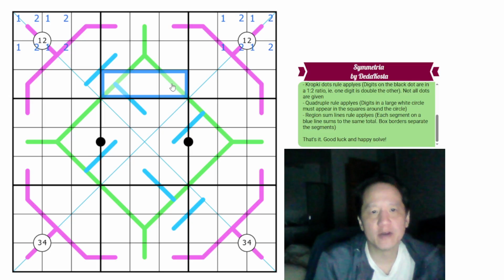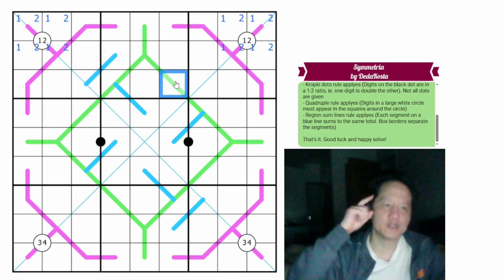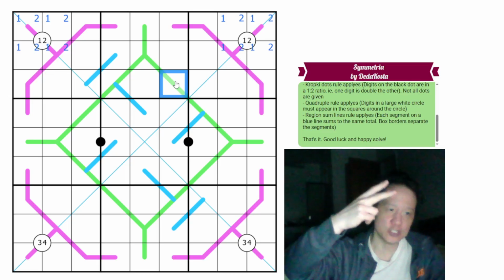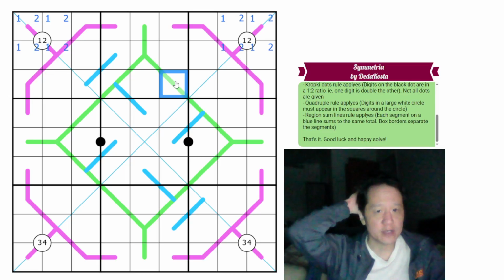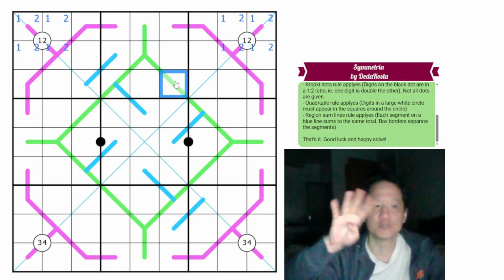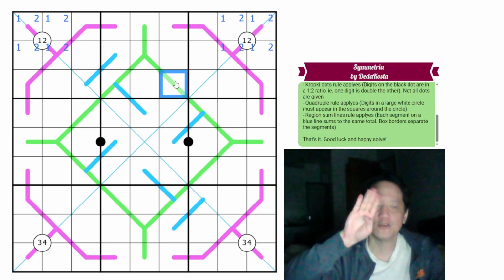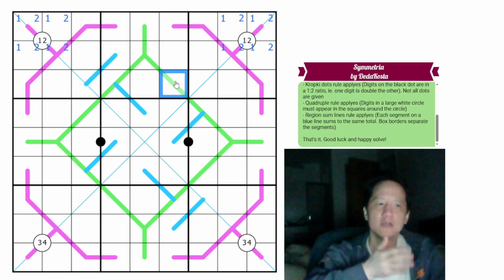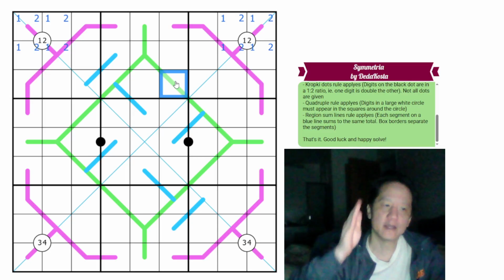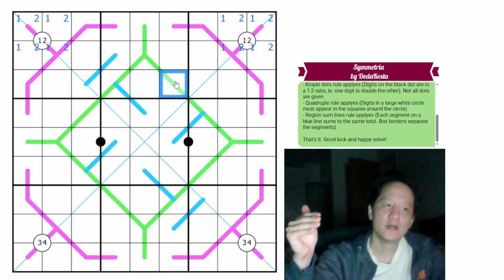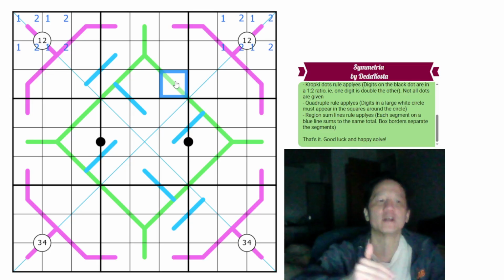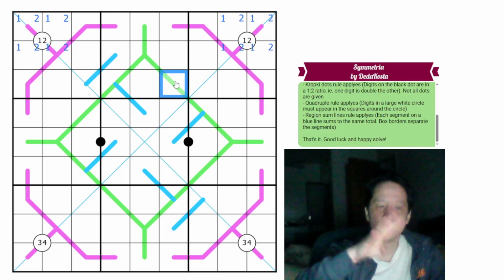Well, the good thing about knowing about German whisper lines is you know that they'll alternate between low digits and high digits. Because if you take the numbers that are low digits, which are 1 through 4, and you take the lowest of them, which is 1, you add 5 or more to it, that gives you 6 or more, which has to be next to that 1, which is the lowest of the low digits.